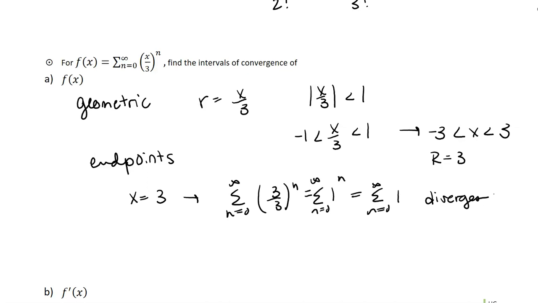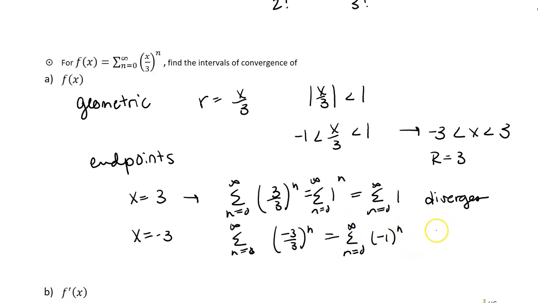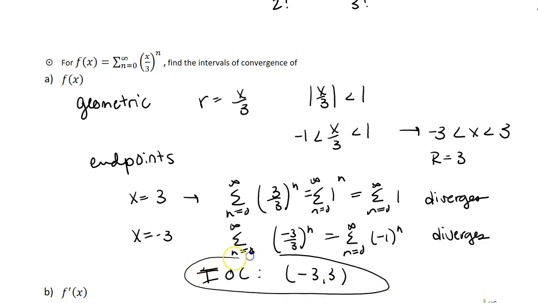And for x equals -3, we'll have the sum from 0 to infinity of -3 over 3 to the nth power, which is the sum from 0 to infinity of -1 to the nth power, and that's going to be an oscillating situation, which is also going to diverge. So the interval of convergence here, IOC, we'll abbreviate that, would be -3 to 3 with no endpoints included.